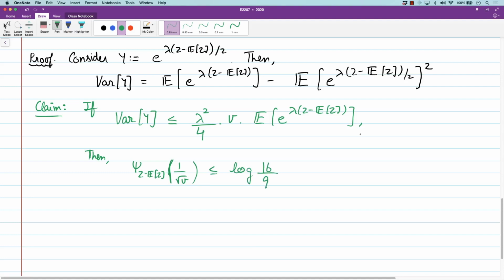That's the claim. So if you have this bound, then you get a bound like this.